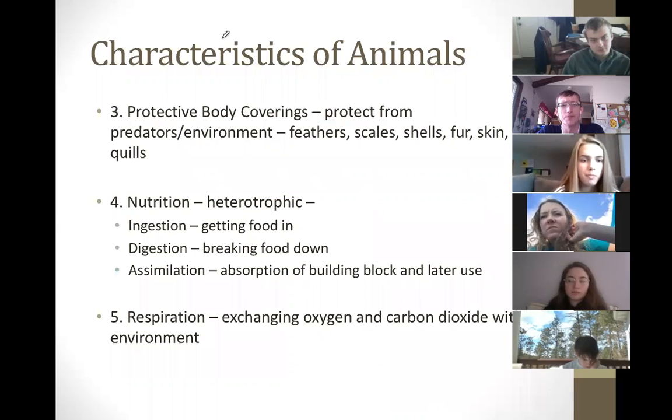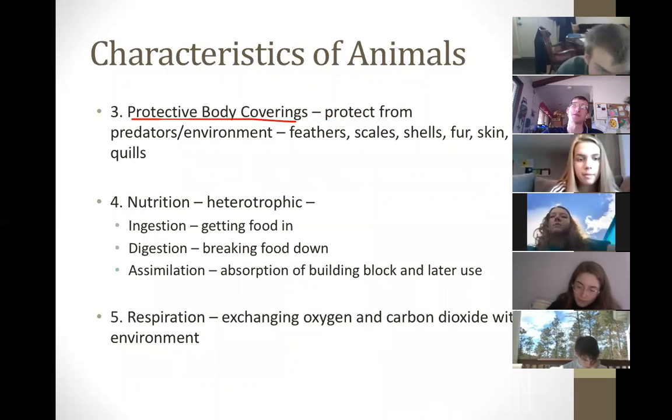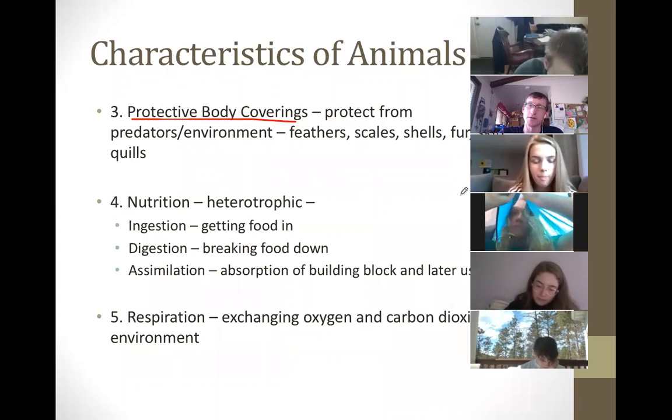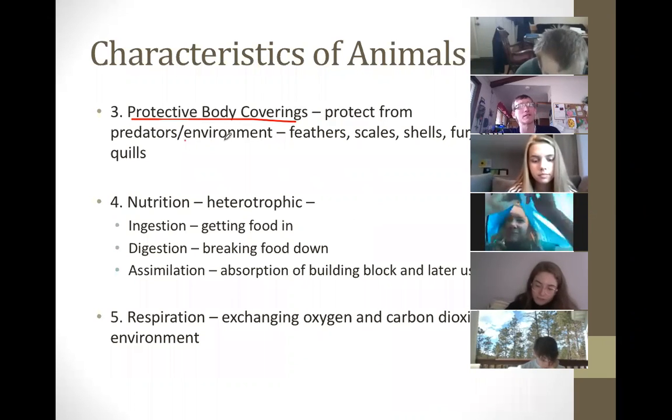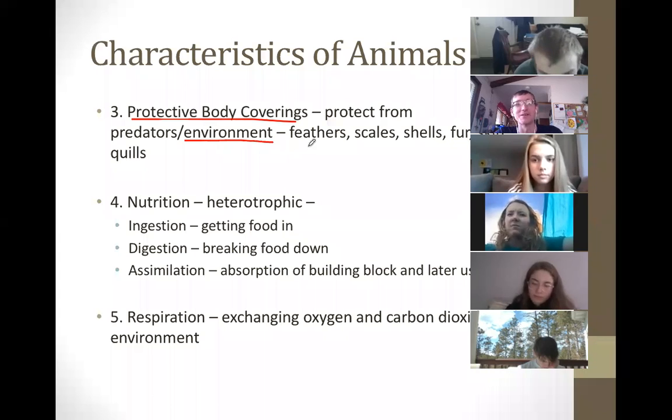All right. Protective body coverings. This can go with the exoskeleton, but some sort of protective body coverings. We're talking about things that keep us safe from predators, things that keep us safe from the environment. For you and I, it's more or less the environment because we don't have that many natural predators. We killed them all, unless you're swimming in the ocean, maybe.